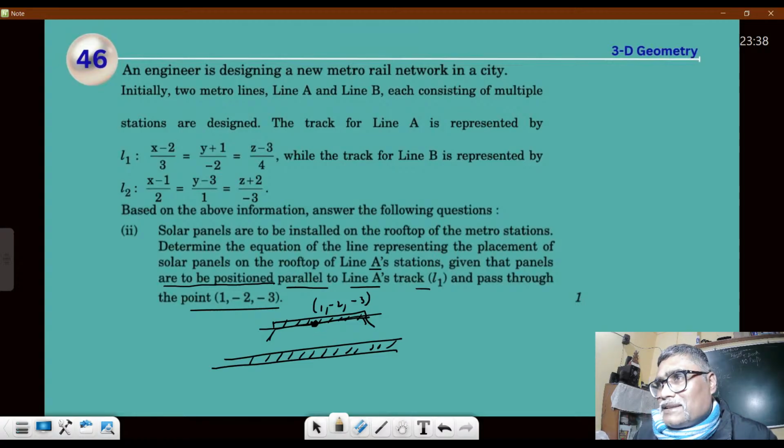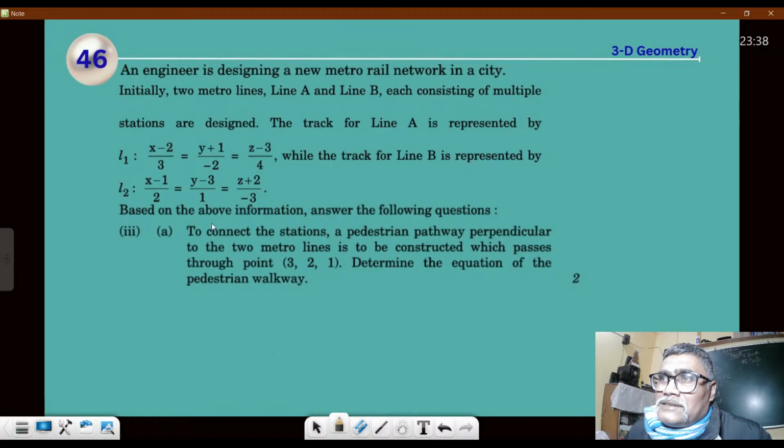Good question. Next, to connect the stations, a pedestrian pathway perpendicular to the two metro lines is to be constructed. Please try to read it very carefully because this is an important concept. You have to construct a pedestrian pathway which is perpendicular to both the metros and passes through the given point.